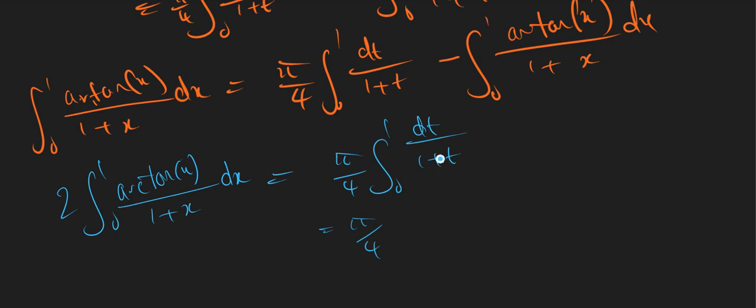And this part alone is just pi over 4 times, if you take u to be 1 plus t, the logarithm of 1 plus t. When t is 0, u is 1, so this will be the integral from 1 to 2 of du over u. So that would be pi over 4 times logarithm of 2 minus logarithm of 1, that is logarithm of 2.